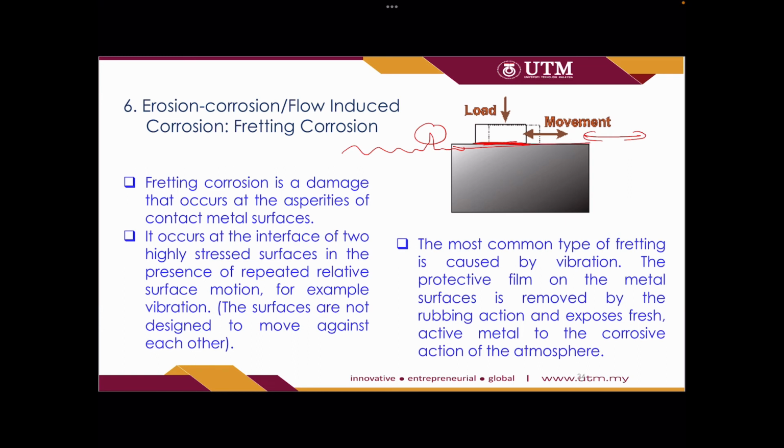So during this friction between the two surfaces, let's say initially you have a passive film, okay, due to the repeated process, maybe due to vibration, this passive film may be removed and allow the base material, which is active and needs to be protected, to be exposed to the corrosive atmosphere.